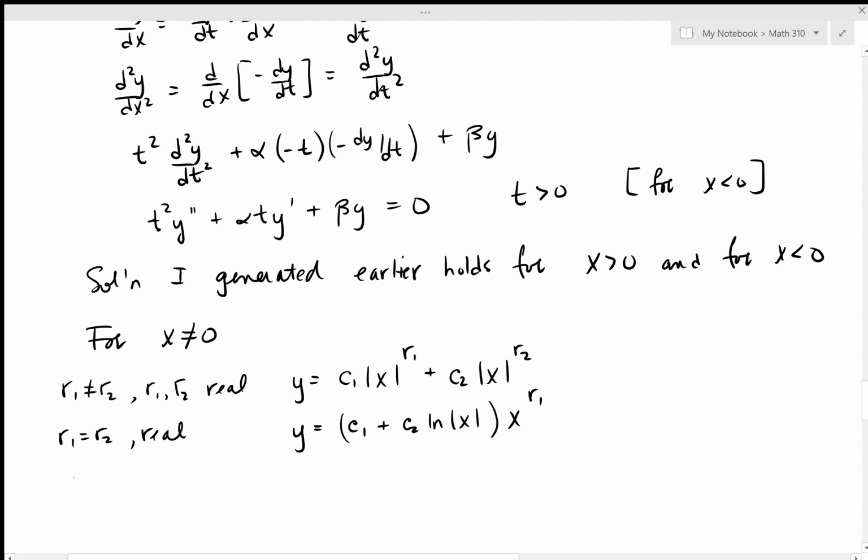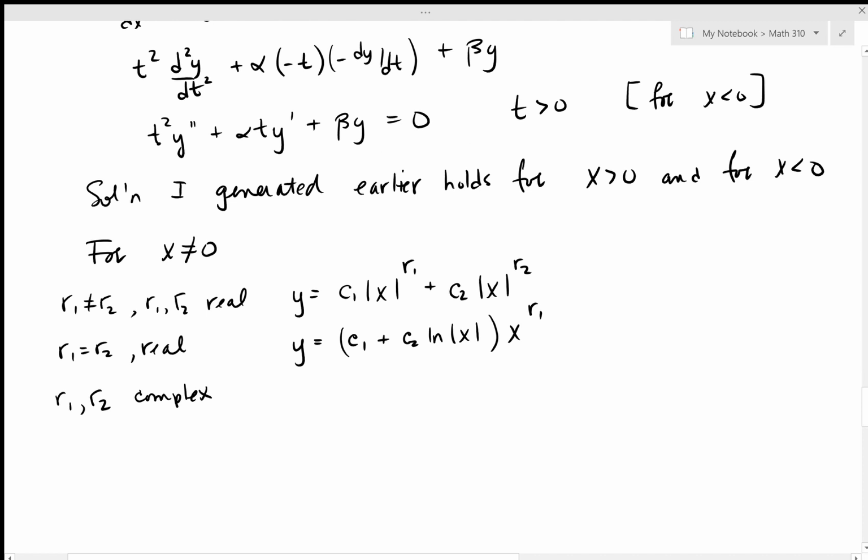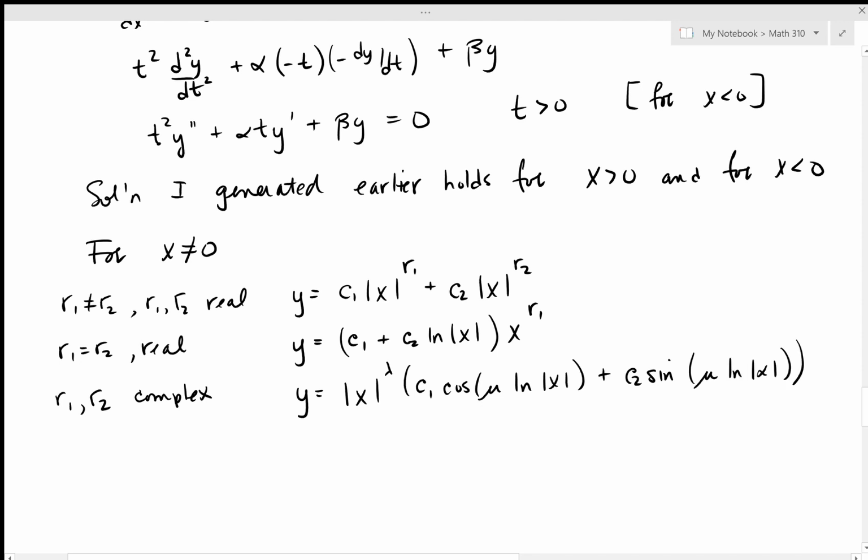And we have the R1, R2 complex conjugate situation, complex, we have y is the absolute value of x to the lambda, C1 cosine mu log absolute value of x plus C2 sine mu log absolute value of x. Okay, so we have now a solution to the Euler equation for all x except x equals 0.